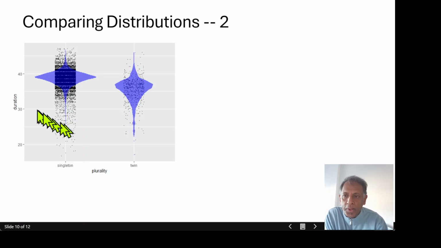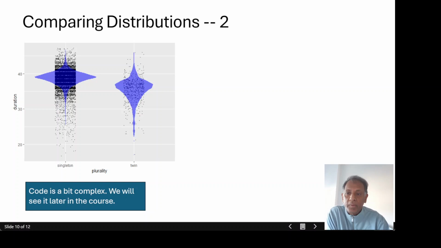So for a given duration, the relative number of births that occur at that duration is far, far smaller for singletons than it is for twins. Violin plots are really useful for comparing distributions, and this is giving us a good picture of the durations of pregnancies for singletons and for twins.